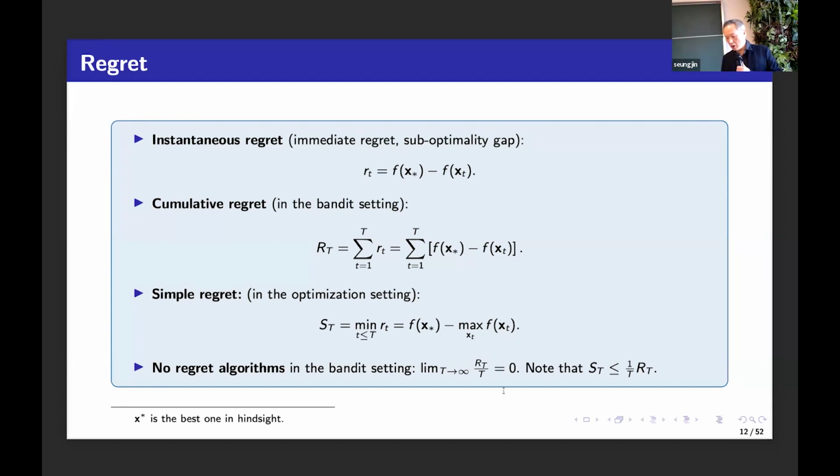The sublinear growth of the cumulative regret is what defines a no-regret algorithm. In the Bayesian optimization literature, they present some algorithm and then prove that it is a no-regret algorithm.